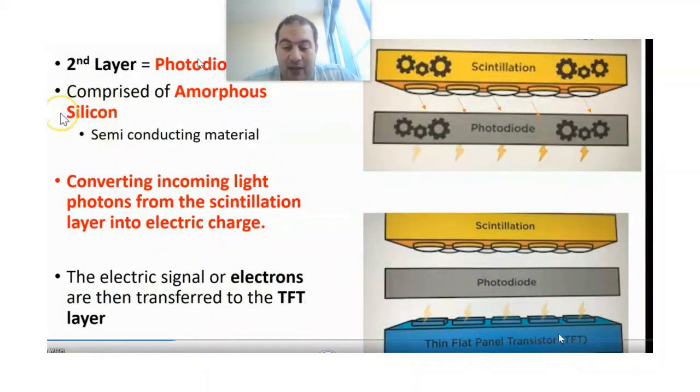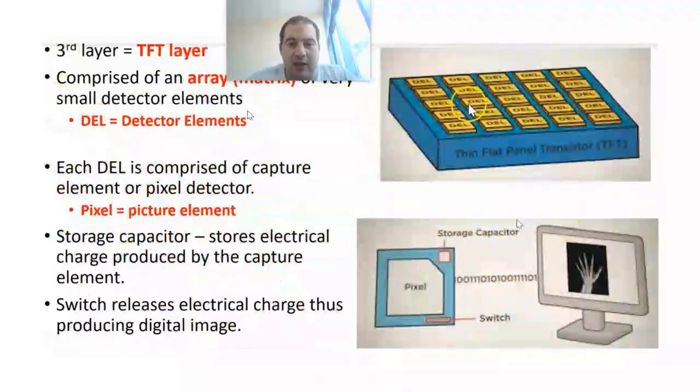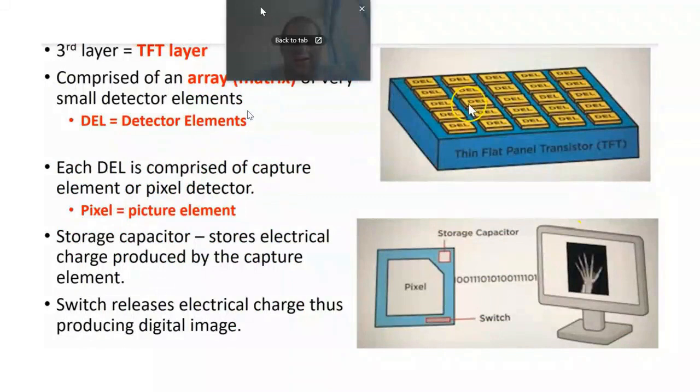After that, this electronic signal is received, and each square, which I call a pixel, corresponds to a photodiode, so the squares occupy the entire area exposed to radiation. When you look at the detector element or the chips that are present, what is the TFT layer made of?